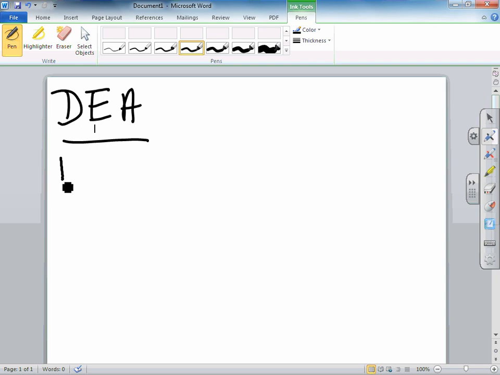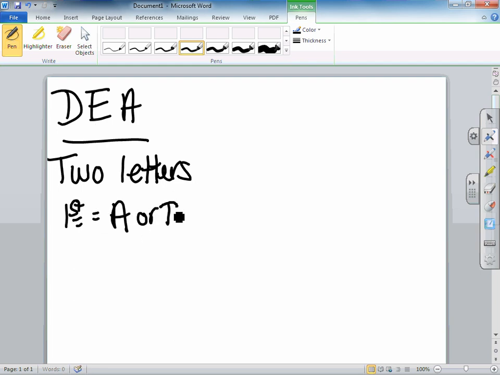It has 2 letters. The first letter is either an A or B. There are other letters, but right now you guys are only going to learn about either A or B as the first letter. The first letter of a DEA number identifies the level of that practitioner.